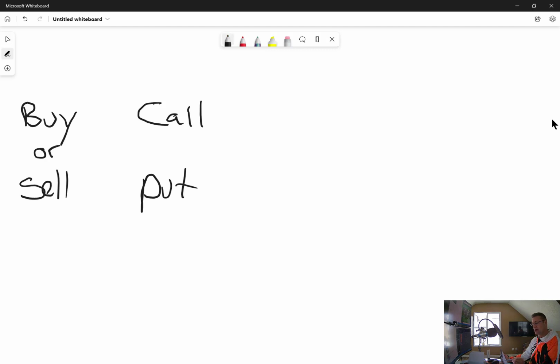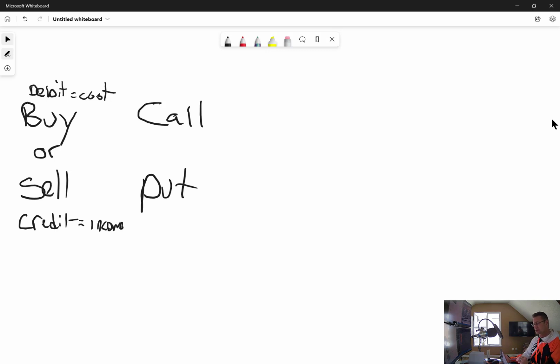And when we buy something, that is done at a debit. So that is a cost to us when we do that trade. When we sell something, that is done at a credit, and that would be obviously income to us, okay? Excuse my poor handwriting.